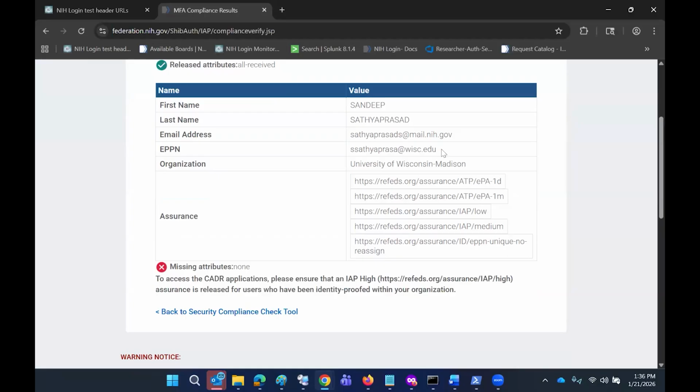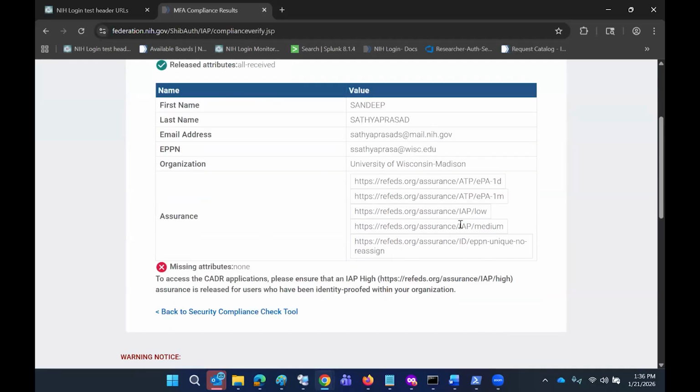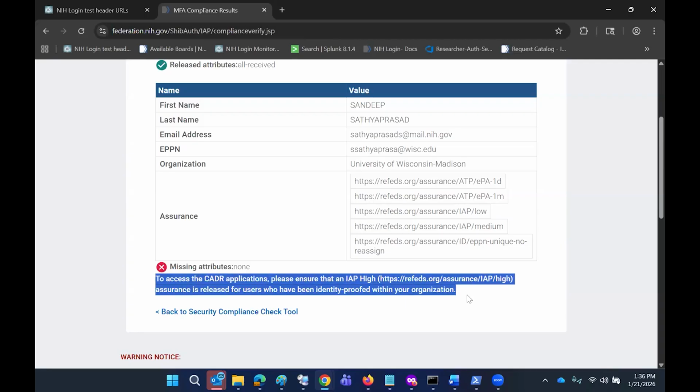These four are the mandatory attributes needed in order to access any NIH application. And these are the assurance values I received for my login. I am at IAP medium, which is the highest assurance value I have from this IDP. But in order to access the CADR application, a user must come in with the IAP high assurance value.